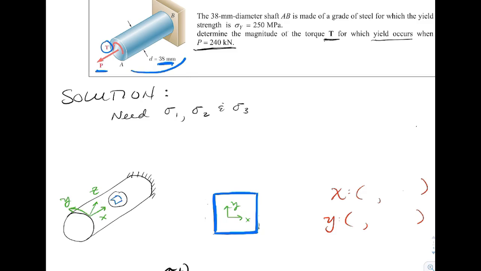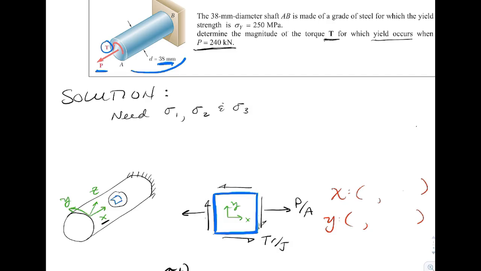So in the x direction, which is along the longitudinal axis of the shaft, we have P over A. And then looking at the shear stress caused by the applied torque, we would have a value of TR over J.